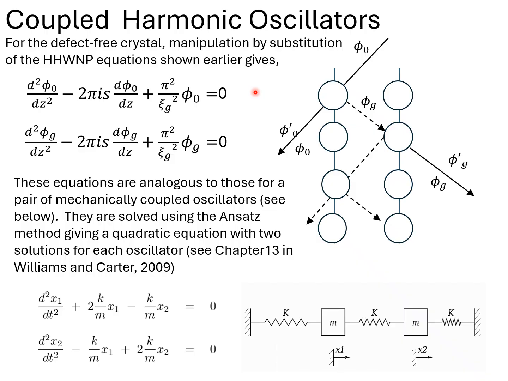By manipulation, by substitution of the Hirsch equations, it's possible to create a differential equation for each wave, for the amplitude of the direct wave and for the amplitude of the scattered wave. And these equations are analogous to what you would get from a coupled oscillator.